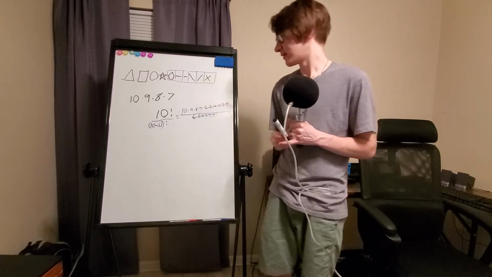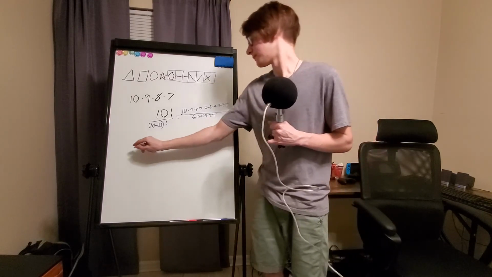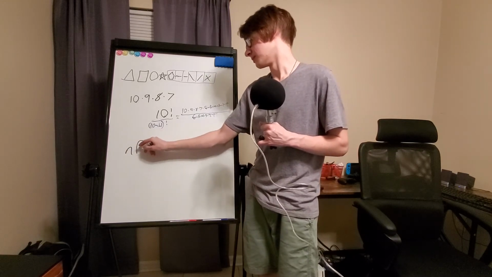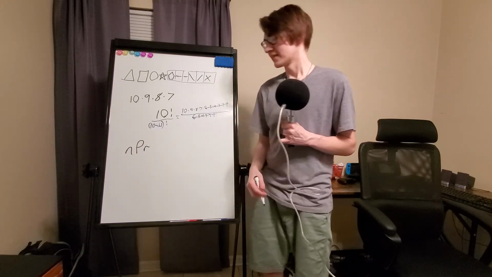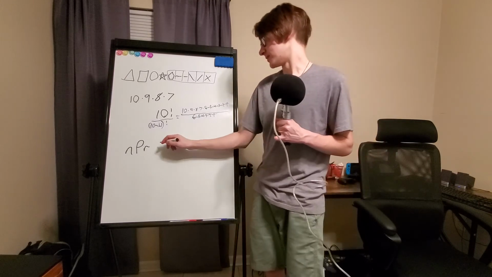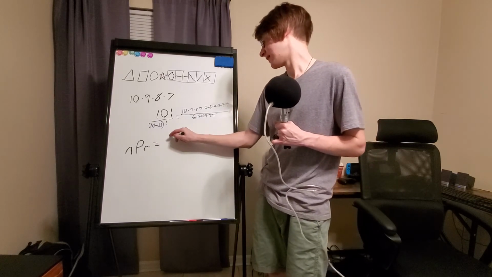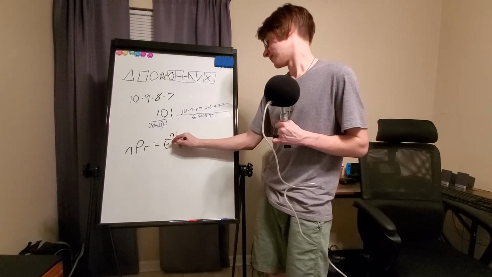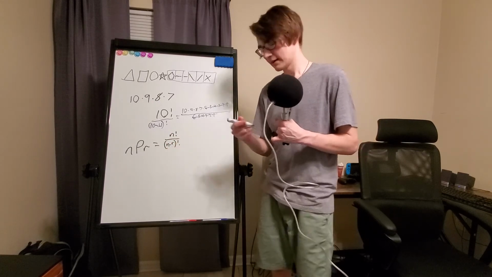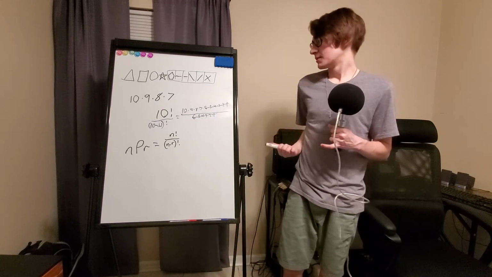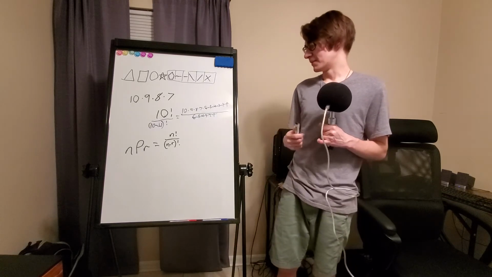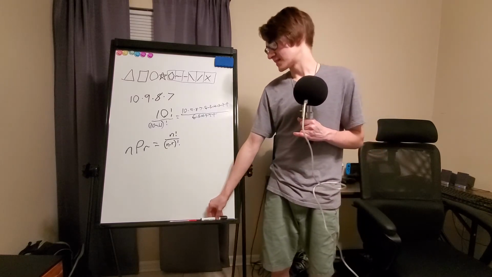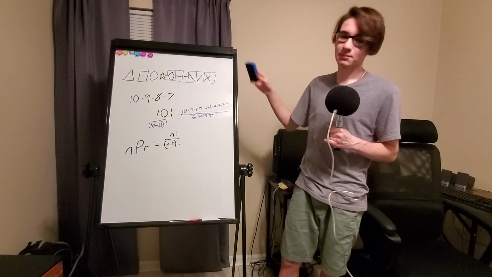So if we have n objects, we want to know how many different ways there are to permute r of them out of this pool, then all we have to do is take n factorial and divide n minus r factorial. So pretty simple, right? Hopefully that makes sense. If it does, then this next part is going to be pretty simple as well.